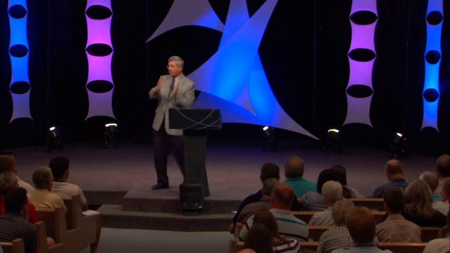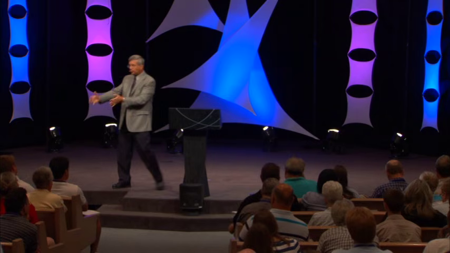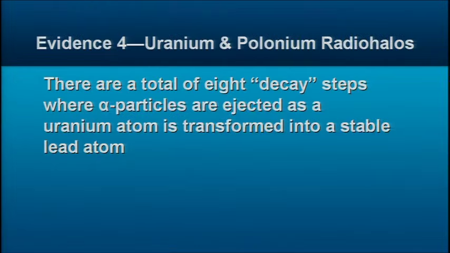Okay, but once that's happened once, the parent uranium atom has become another daughter atom, but that's still unstable. It decays again. In fact, to get down to lead, there are actually 8 steps where these alpha particles are spat out like little bullets from the uranium atom to make it more and more stable till it eventually gets down to lead.